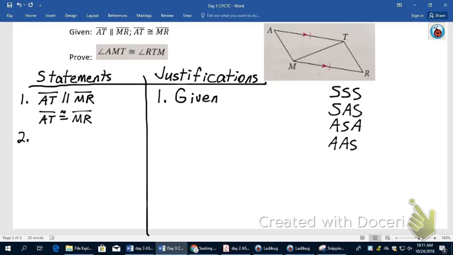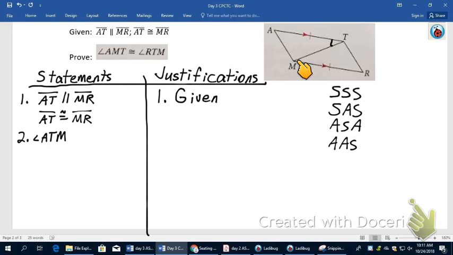Moving on to step 2, where I would go is I'd actually use the parallel lines here. So if I have these parallel lines, the transversal connecting them is MT. So that would make angle ATM, which I have to use 3 letters to name because there's more than one angle located at T. So I called it angle ATM. It could have also been called angle MTA.